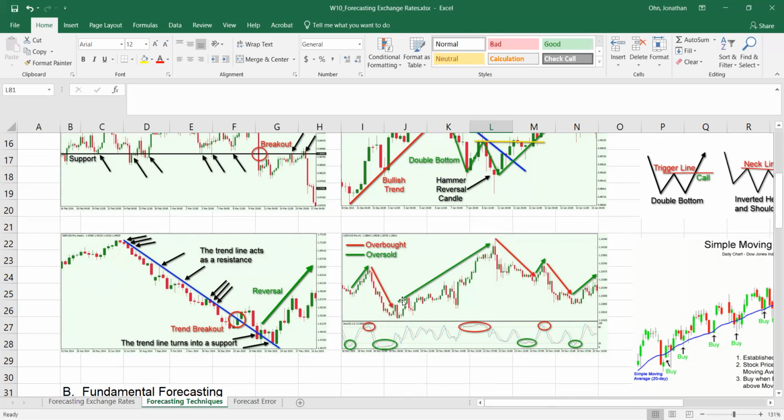an oscillator-like pattern, right? Depending on the overbought pattern or oversold pattern, you can make your sell decision or buy decision. So if it is overbought, that means it goes down, right?